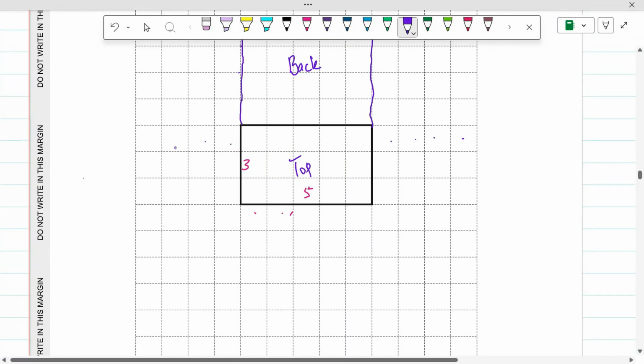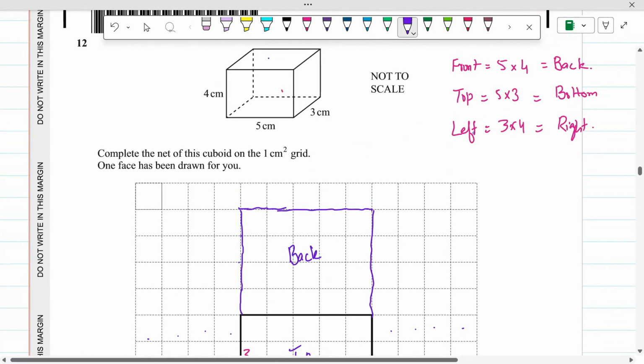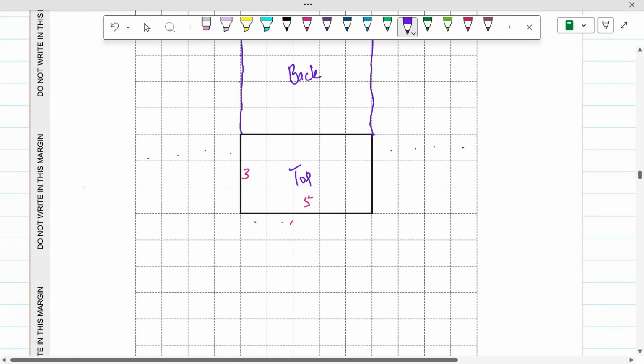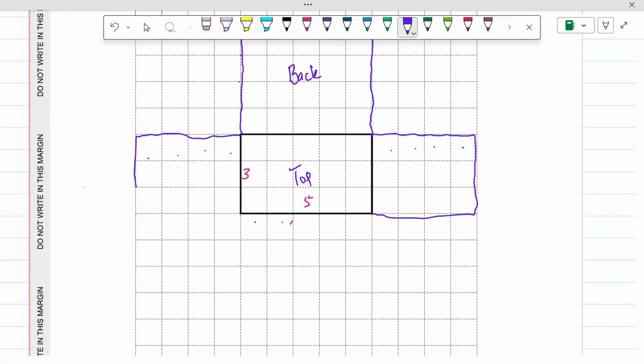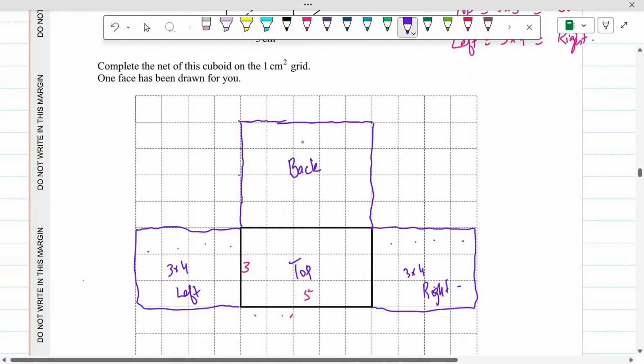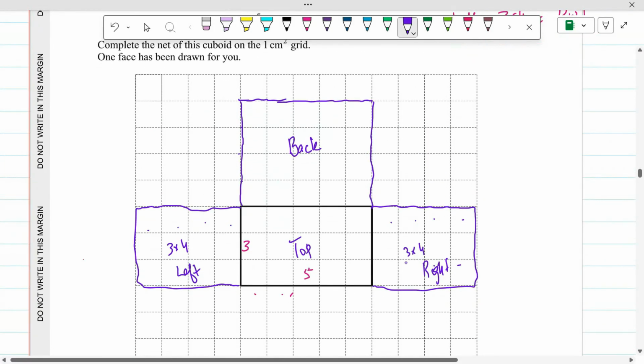And on the left side 1, 2, 3, 4, because left and right are 3 by 4. So we can consider this one also. 3 by 4 is left and 3 by 4 is right. So we have the back, left, top, and right.